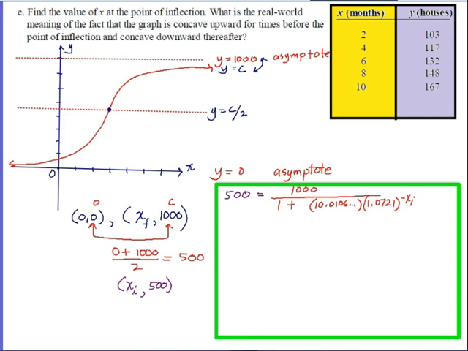Now I will express this exponential function as positive, so that it will be easier for us to compute for the value of x. So 500 then will become 1000 all over 1 plus 10.0106 divided by 1.0721 raised to x. Now we have a positive x or xi.